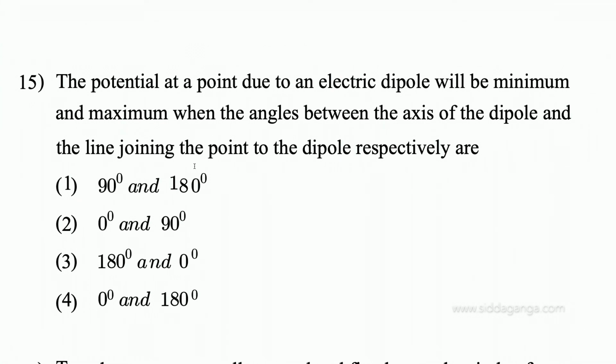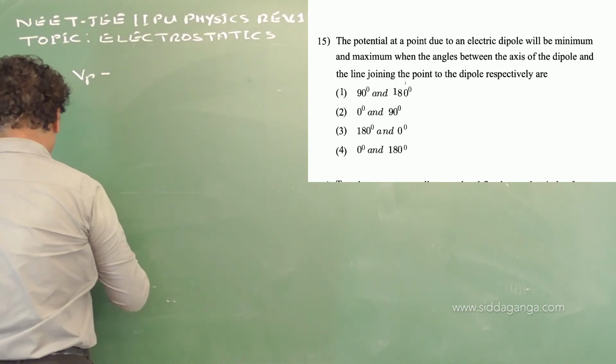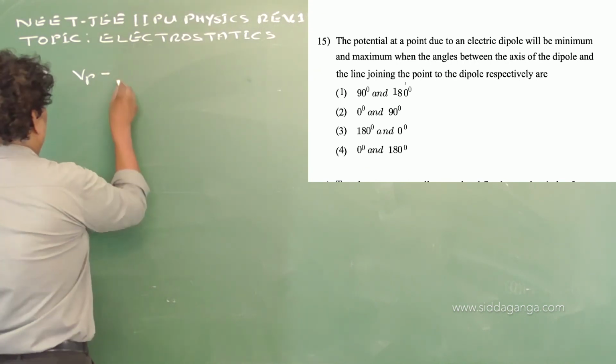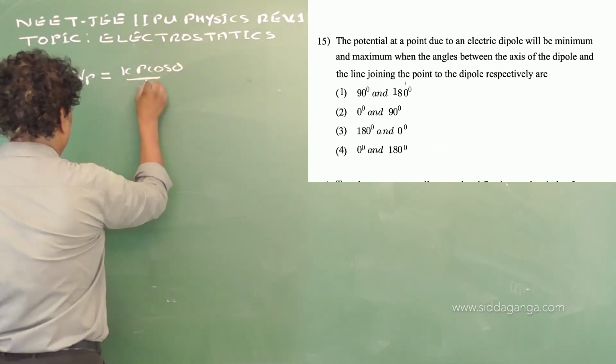Fifteenth one: the potential at a point due to an electric dipole will be minimum and maximum when the angles between the axis of the dipole and the line joining the point to the dipole are respectively? Now we know that at any point potential due to an electric dipole is given by V is equal to K p cos theta by r square.